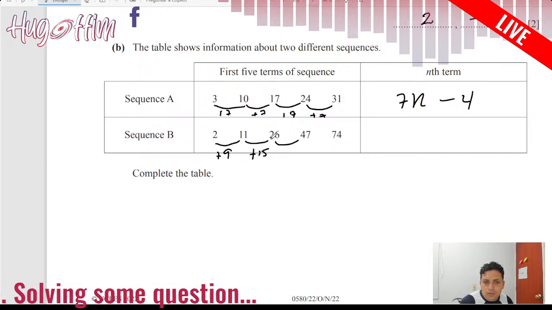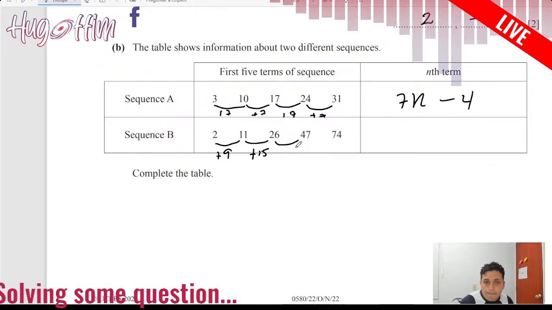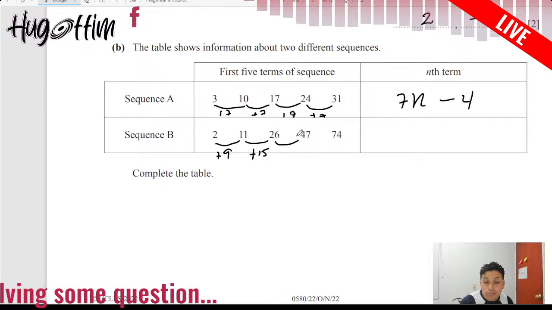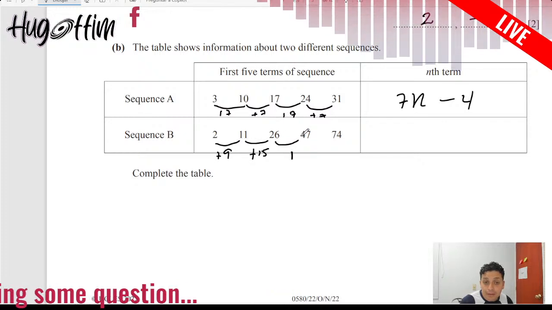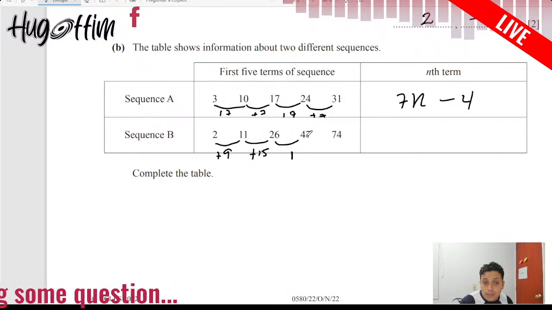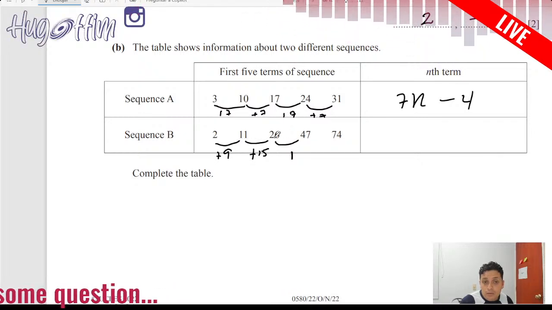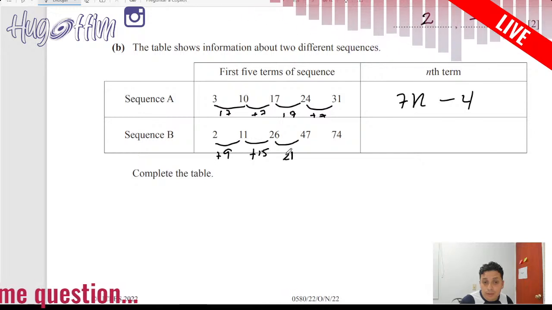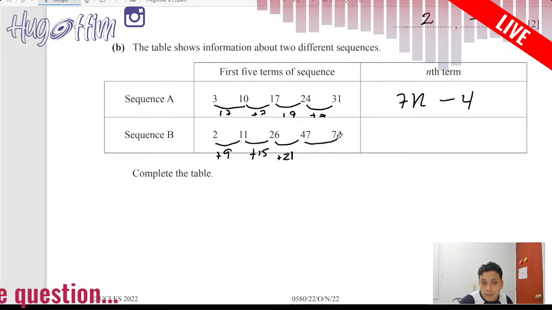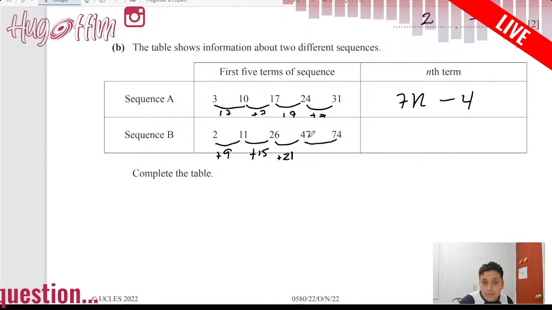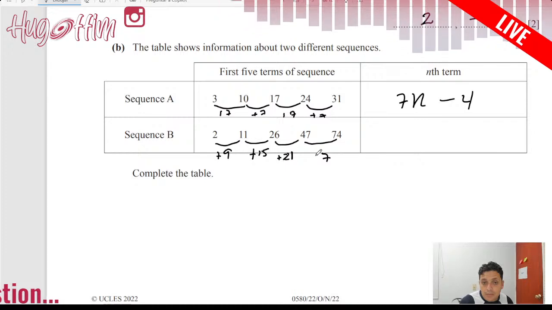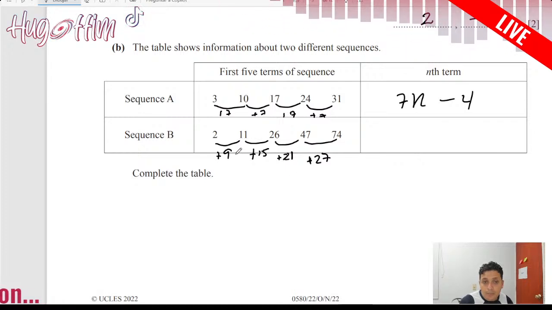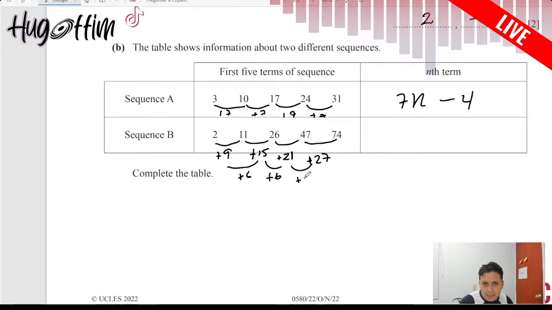From 26 to 47 it is 21. So here I'm adding 6, here I'm adding 6, and here I'm adding 6.